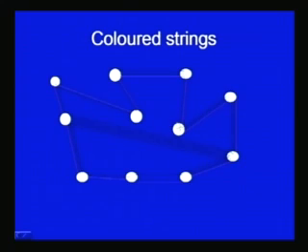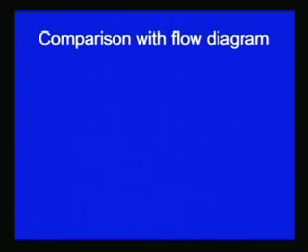So these colored strings are mainly used to show the movements between the different stations clearly, if the number of subjects is more and the movement between the different stations is very zigzag in nature.